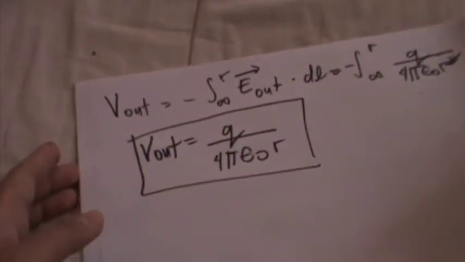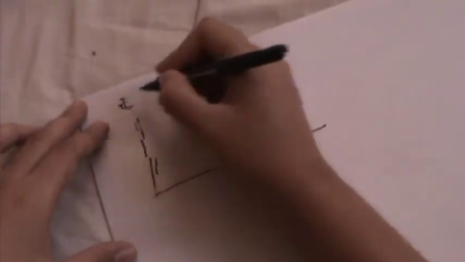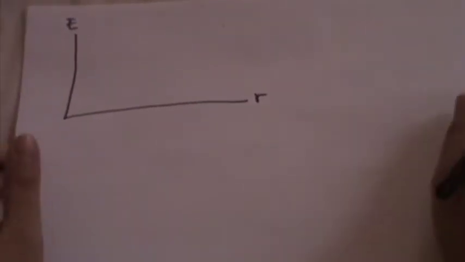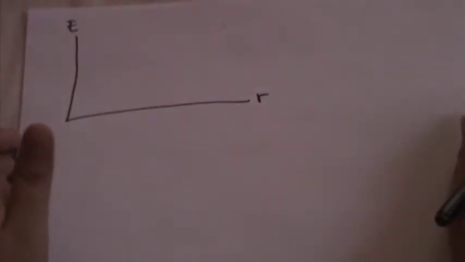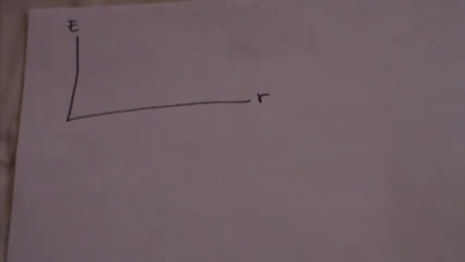Okay, now let's try to graph the second sphere, this solid sphere. So we'll just create a graph here for the electric field with R. According to our past calculations, our electric field in the solid sphere is Q r all over 4 pi epsilon naught R cubed, and our electric field outside is Q over 4 pi epsilon naught r squared.